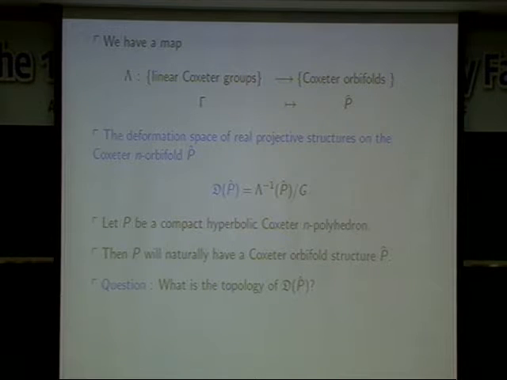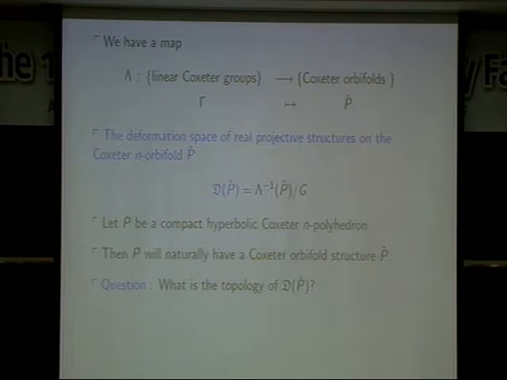So the question is, what is the topology of this deformation space? So in the abstract, I mentioned that the hyperbolic structure is unique. Okay. But the real projective structure is bigger than the hyperbolic structure.